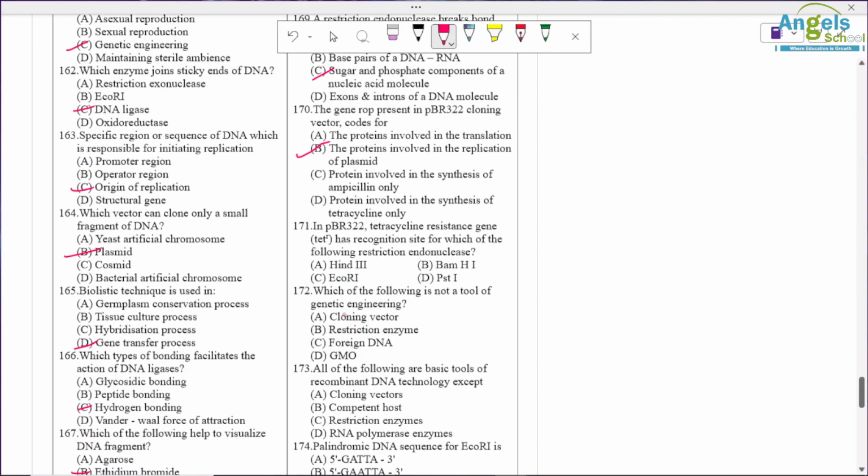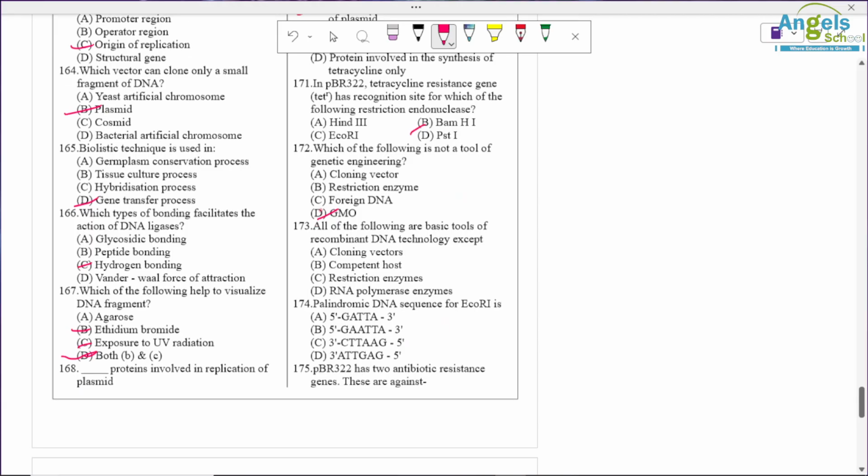In pBR322, the tetracycline resistance gene has a recognition site for which of the following enzymes? So in tetracycline the BamHI site is present. Which of the following is not a tool for genetic engineering? GMO is not a tool, it is a result of genetic engineering.